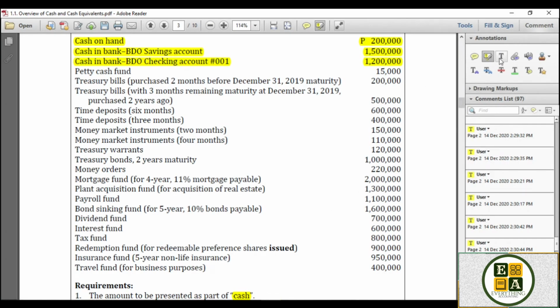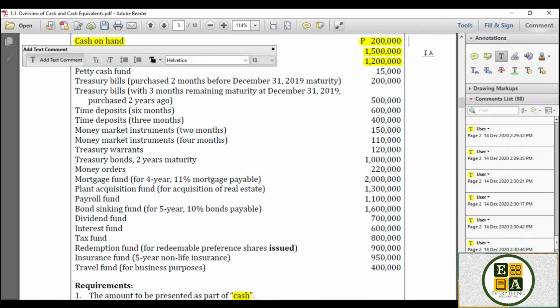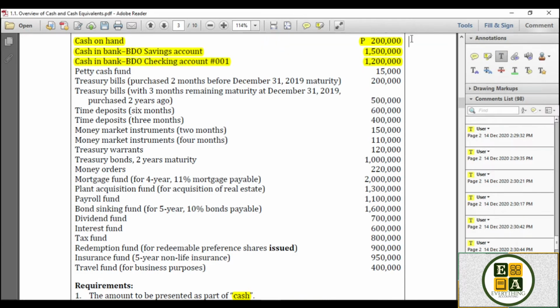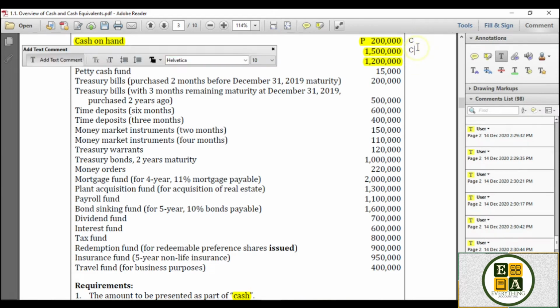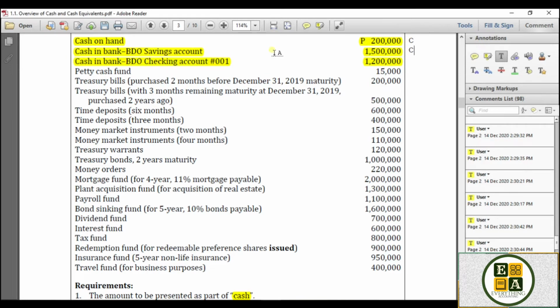So to qualify, meron na tayo ditong items. Yung 200 is acronym na lang. C for cash, CE for cash equivalents. So this one is also cash. Okay? Then this one is also cash.